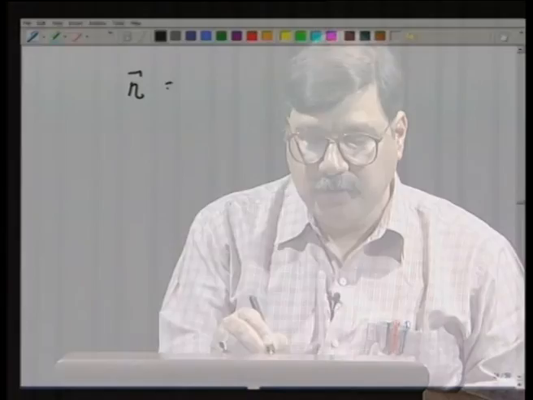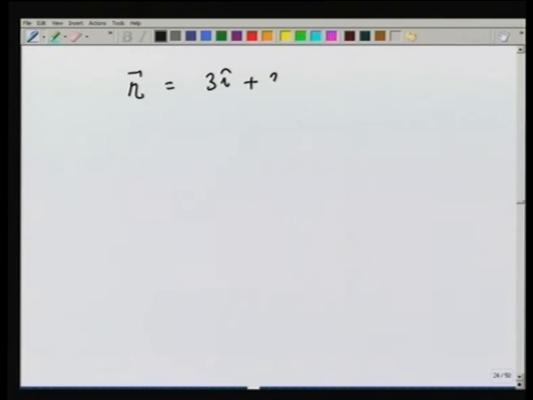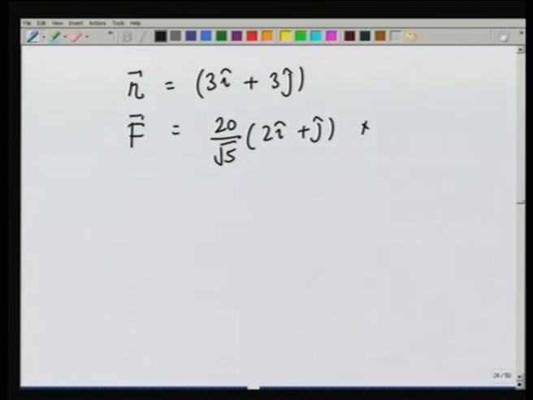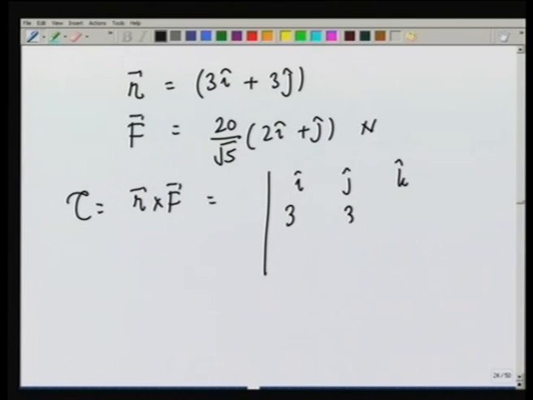Let us calculate that. So, that vector is going to be 3 i plus 3 j. Force of course is 20 over root 5 times 2 i plus j newtons. So, if I calculate torque, which is r cross F, it is going to be equal to this determinant: i j k, 3 3 0, 40 over root 5, 20 over root 5 and 0.